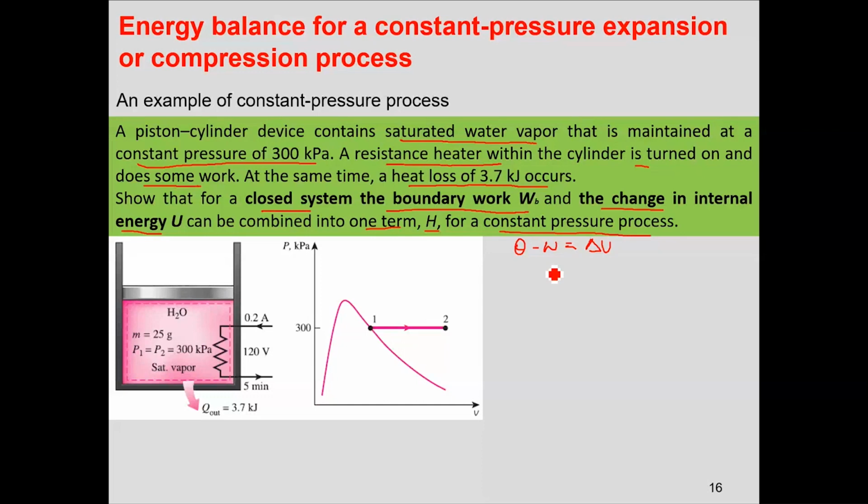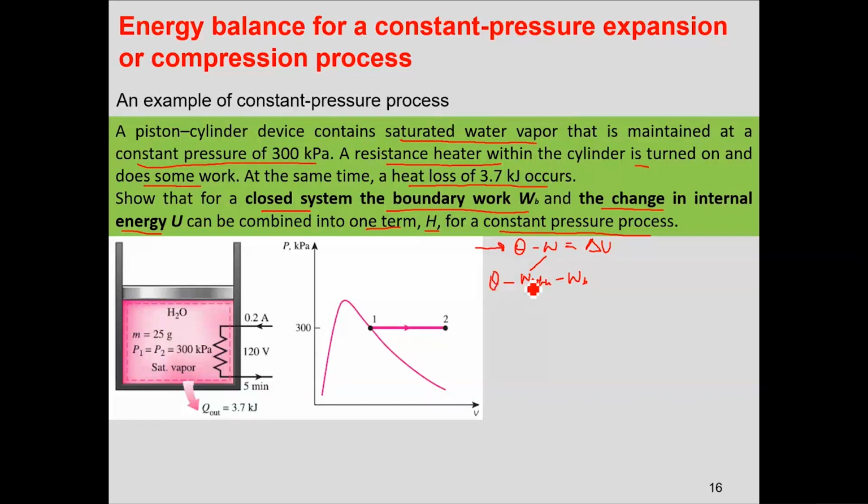Yes, sir. All right. Now we further say that we can split W into W other, which is any work other than the boundary work, and the boundary work. So Q minus W could be split into work other and boundary work.